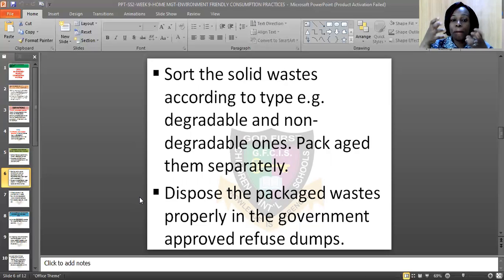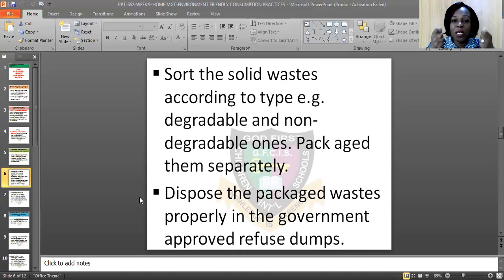Pack them separately. Do you understand? You pack them separately, like pure water nylon. You dispose of it separately because nylon does not decay. Do you understand? You separate them.